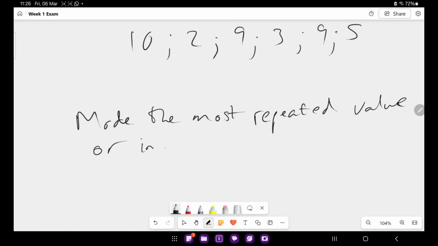Usually this could be a number, or it could be a name, depending on what type of statistics question we have.